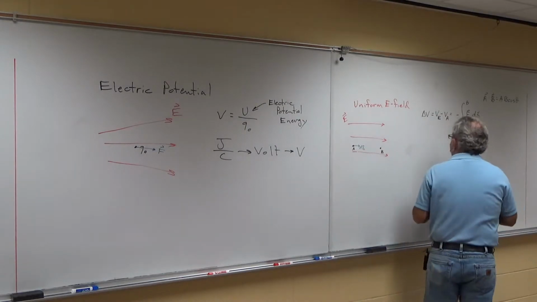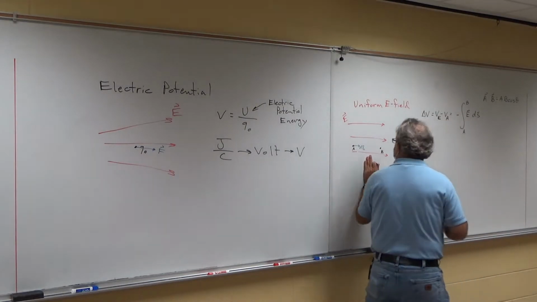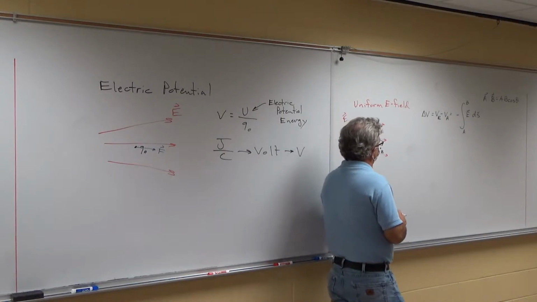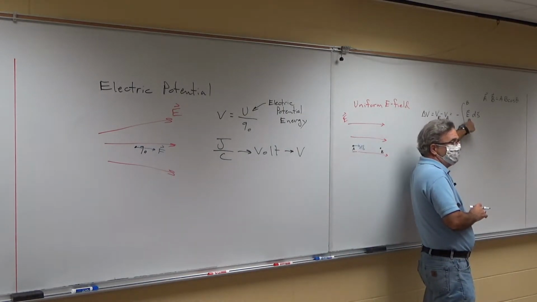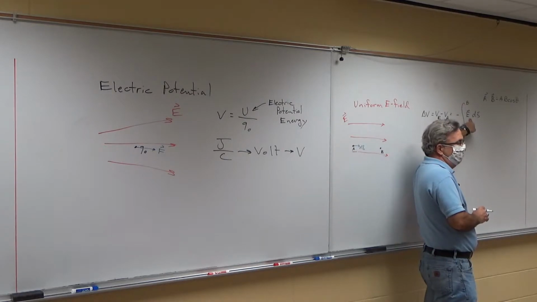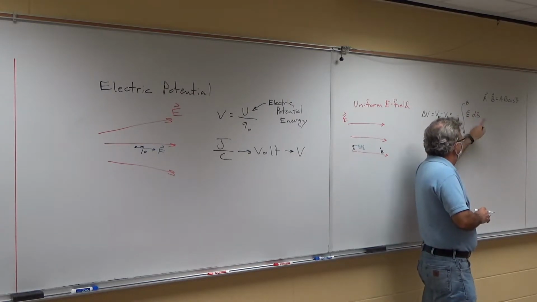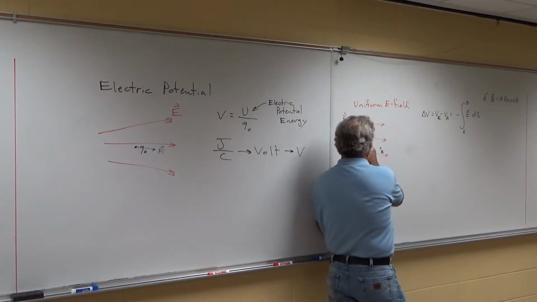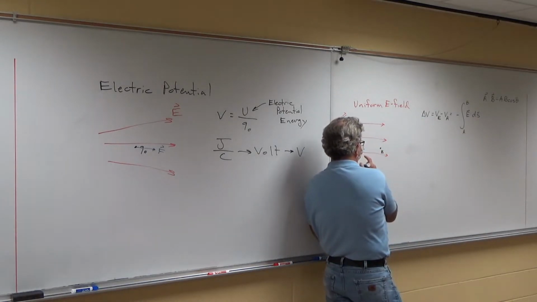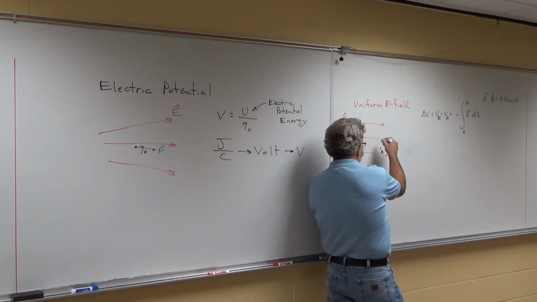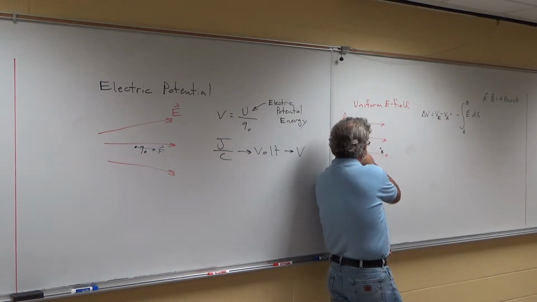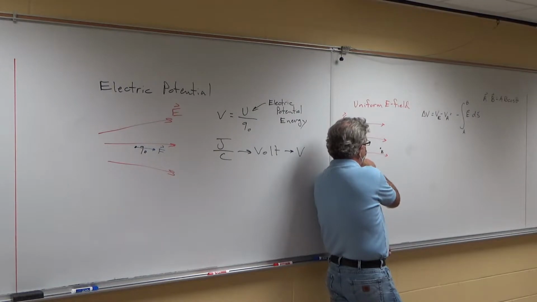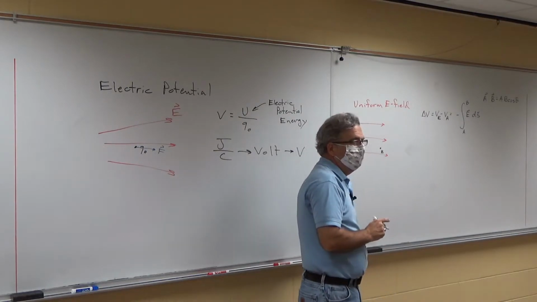For a uniform field like this, E is constant in direction and magnitude. As I've drawn it here, it really wouldn't matter what path I took because it's a uniform field. The angle between ds and E is 0.